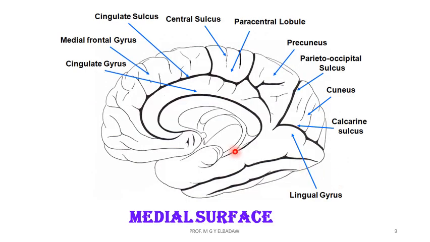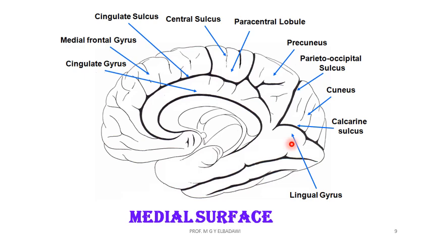Now, how it looks like the medial surface in a diagram. The cingulate gyrus, the cingulate sulcus, the callosal sulcus, the paracentral lobule, the precuneus, the cuneus, the anterior calcarine or calcarine, the posterior calcarine sulcus, and this is the lingual gyrus.